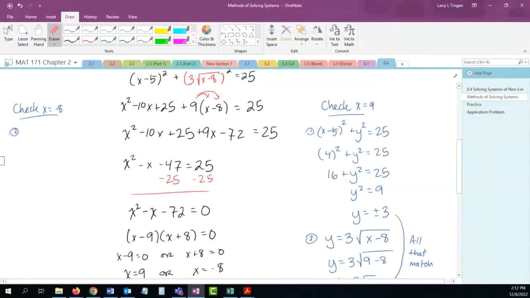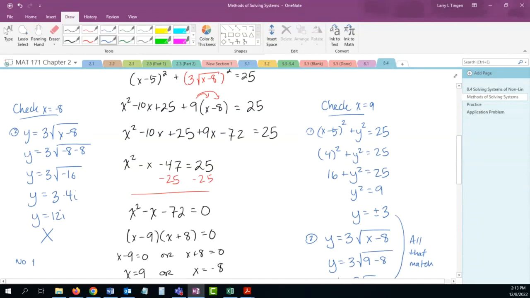For instance, equation 2 says y is equal to 3 times the square root of x minus 8. Well, if x is negative 8, negative 8 minus 8 more is negative 16. And the square root of negative 16 is 4i.